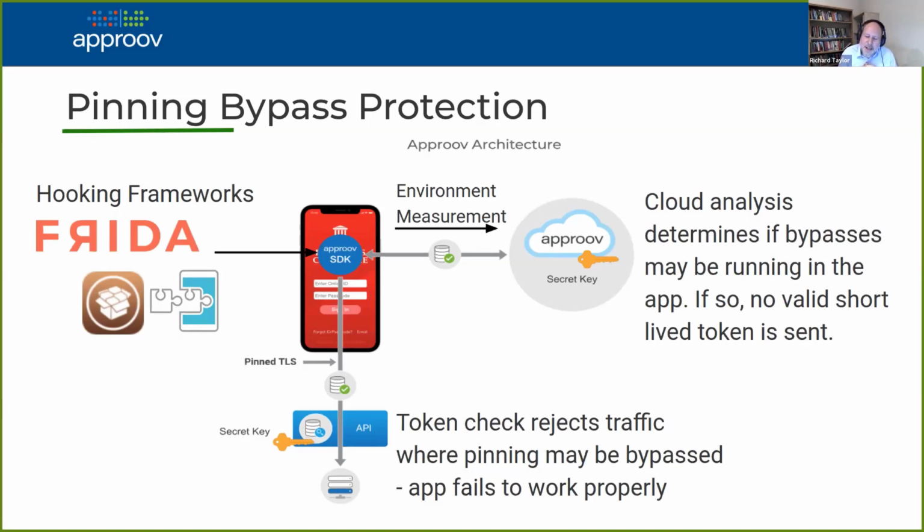And this means that the back-end API checks the token and will know that there is a bypass in place. So basically it knows that there's a man in the middle, and won't perform any further communication with the app. So you might get transmission which has been bypassed, but it's one way. Basically the API will then not send anything back because it has detected that and has blocked it.